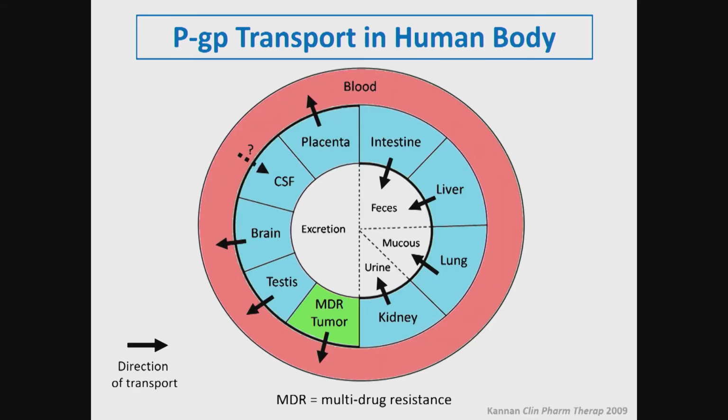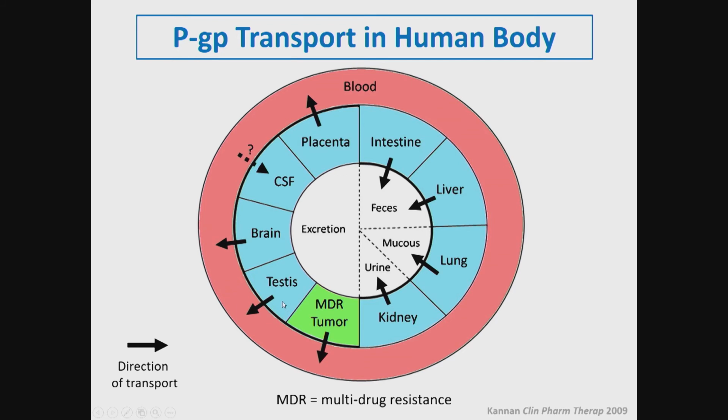Okay, so this diagram, which is a takeoff from one that Michael Gottesman created, looks at the blood in a ring on the outside, and then you have the tissues here, and then you have the excreted areas here. And it looks at the distribution of PGP, which is throughout the body. As mentioned, PGP is located at the blood-brain barrier in the capillary endothelium, and it will transport drugs out of the brain.